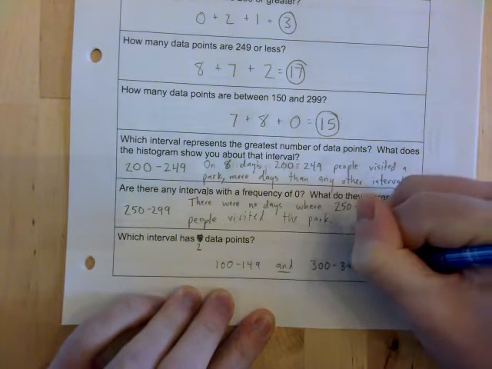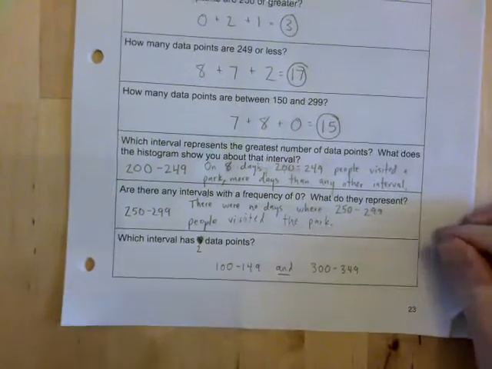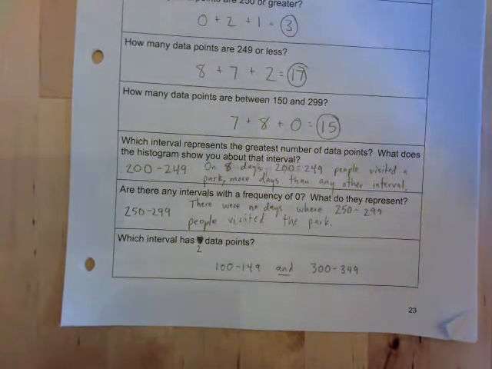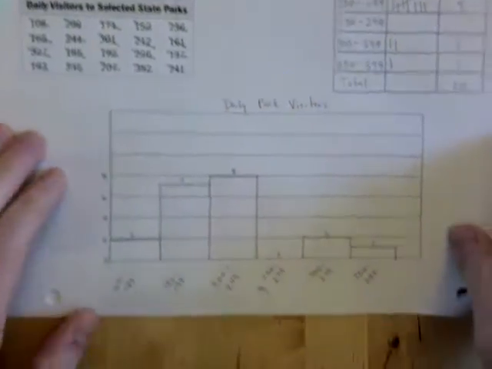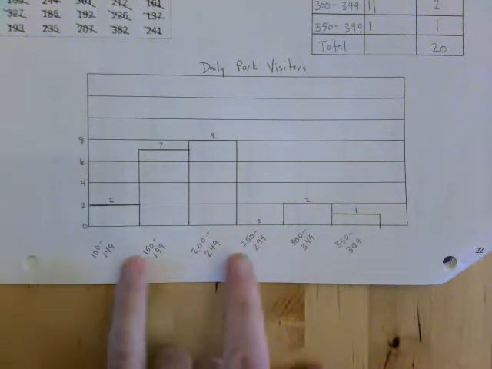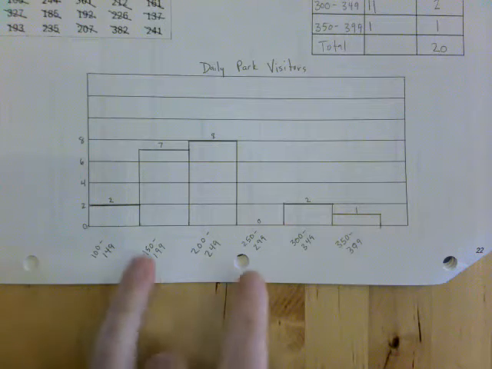Now, to get back to the actual question that we answered, I'm going to go back to the histogram real quick before we finish. Question is, how many people typically visit New York State parks every day? If you look at our graph here, in a histogram I'm not going to get an individual, exact number, but we can see an interval of the typical amount of people.